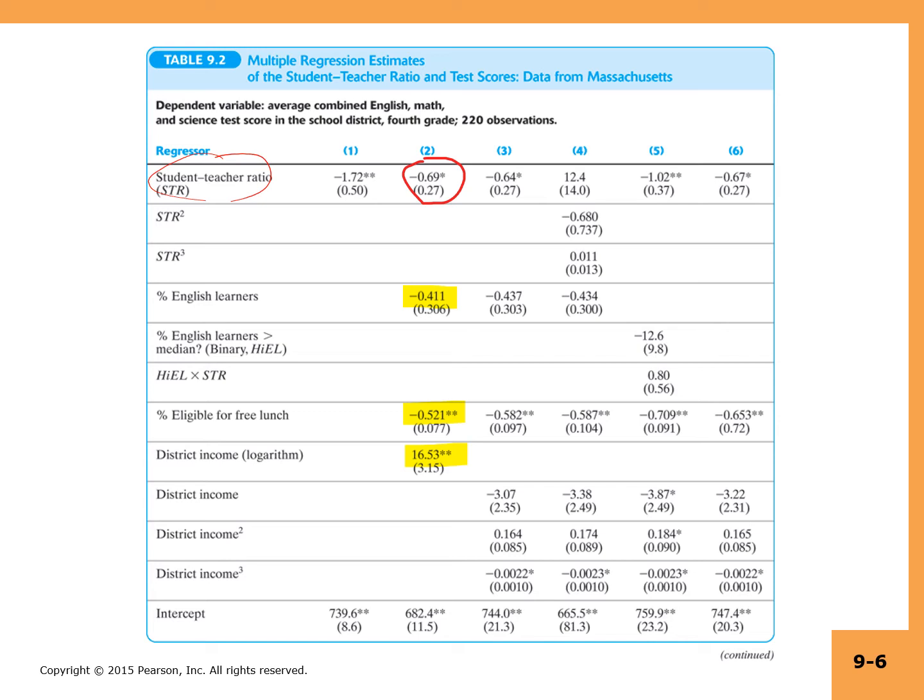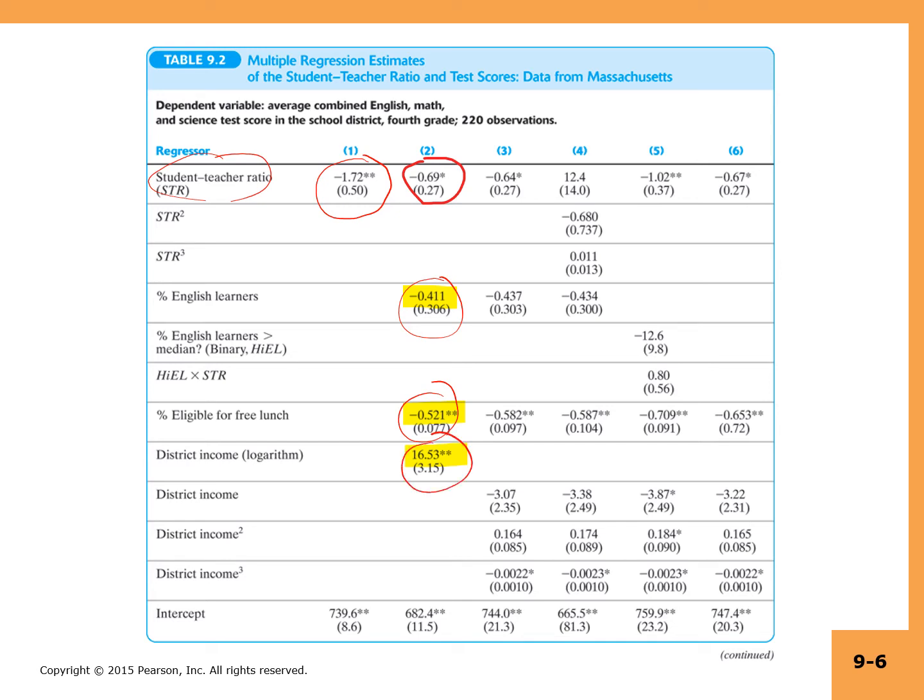The first regression model regresses test score on just student to teacher ratio, and we get negative 1.72. The second regression model regresses test score on student to teacher ratio, as well as the percentage English learner and the percentage of students receiving reduced lunch or free lunch and district income.